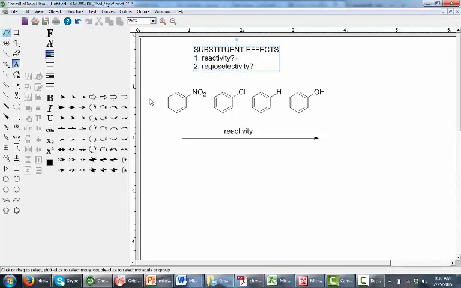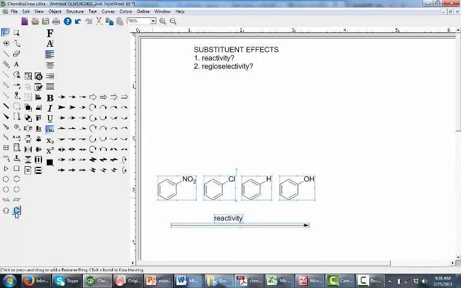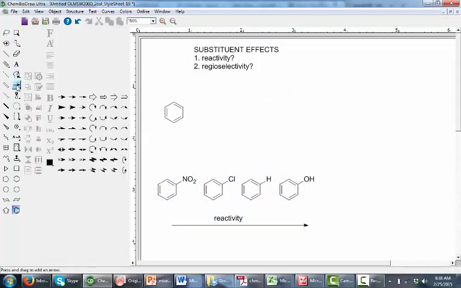So again, let's just remind ourselves of the topic that we're talking about here. This is if I contemplate doing an electrophilic aromatic substitution reaction on a regular benzene ring, and I compare that to doing the same reaction on a benzene that already has some kind of functional group on it.